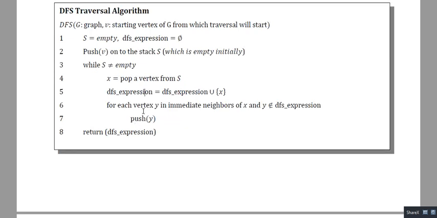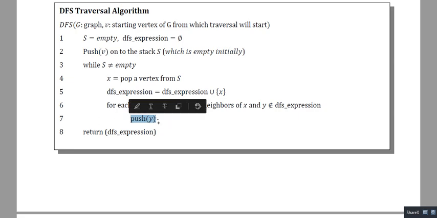for each vertex Y in the immediate neighbors of X, you try to find all vertices Y which are neighbors of the deleted or popped vertex X, such that those Y are not present in the DFS expression. Then you push those Y onto the stack. You repeat this till the stack is empty.